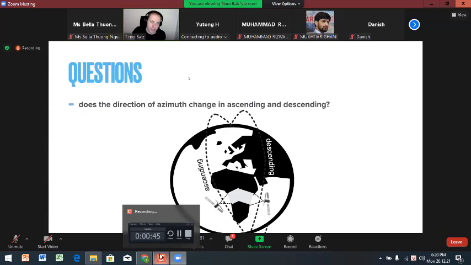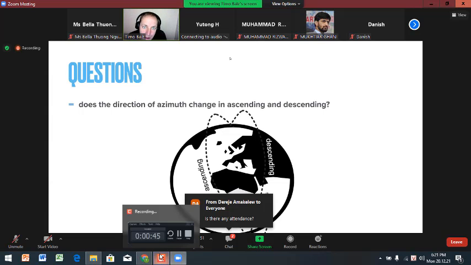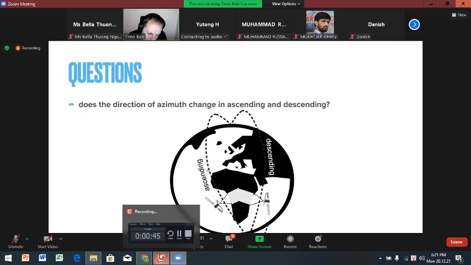Okay, does the direction of azimuth change in ascending and descending? Well, that's certainly the case. So just to quickly go over that again. When we have ascending, our satellite moves in that direction, right? So our azimuth direction, our heading angle, would be something like 350 degrees.